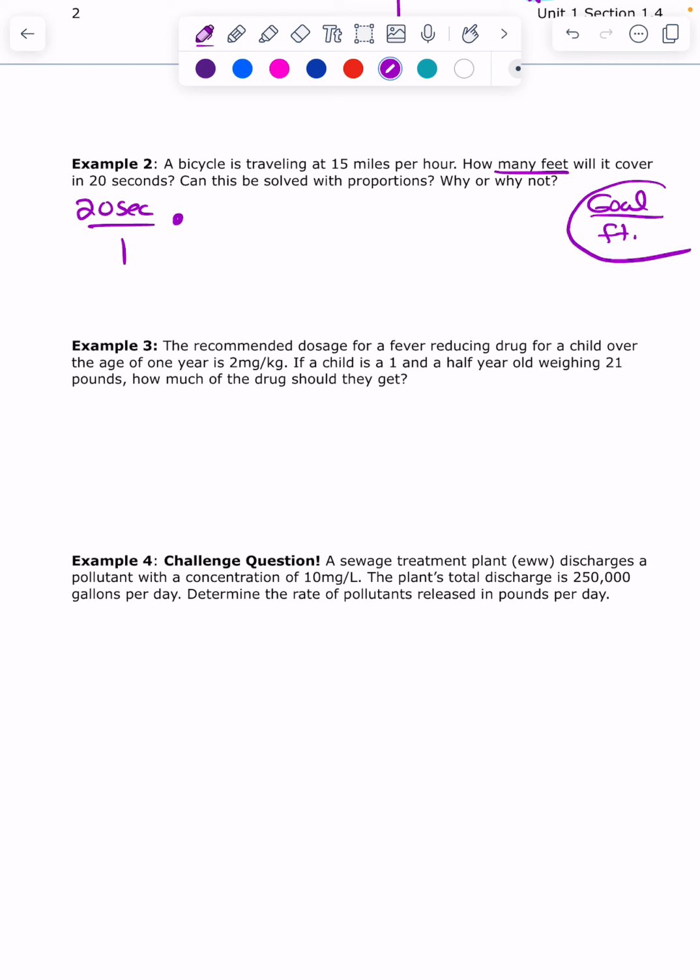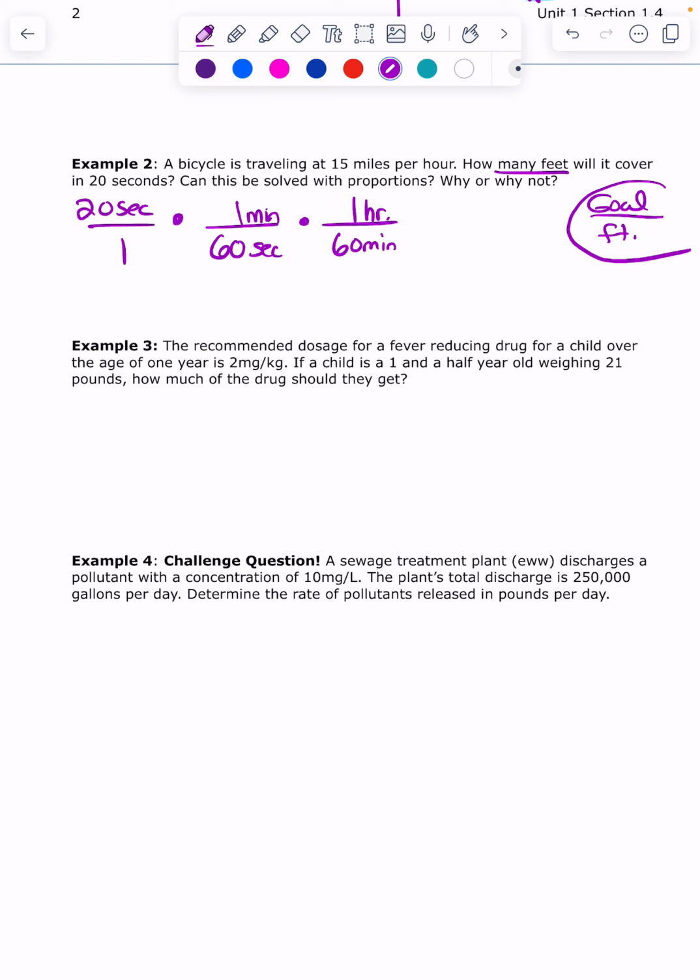And that's just to kind of keep in mind. So we know that it's traveling at 15 miles per hour. So maybe we're trying to get to hours so that we can use that. And I know that there's 60 seconds in 1 minute, and that there's 60 minutes in 1 hour.